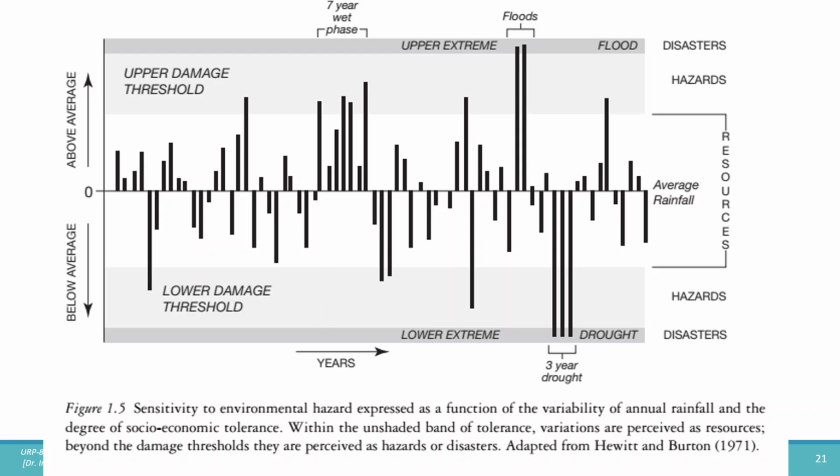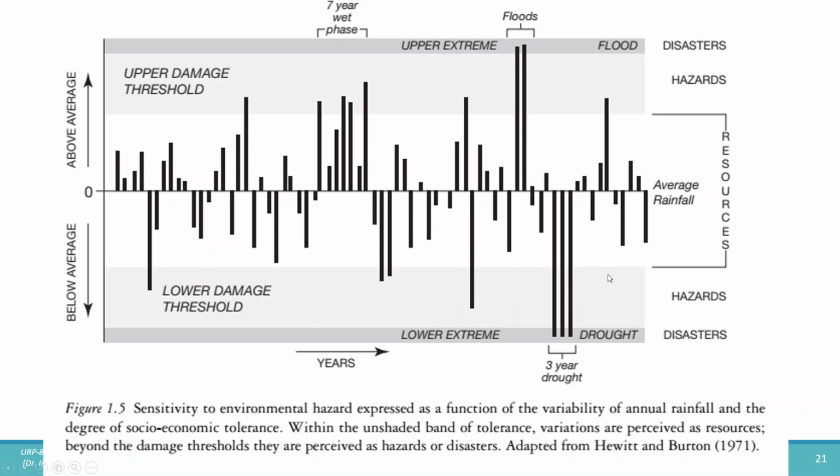Talking about different return periods, we can see that floods are occurring. This is a basic trend of flood, showing how much rainfall is happening in a particular year in a particular area. Average rainfall is spread out, and we can ascertain that in some years there will be very below average rainfall, which would result in a 3-year drought period.